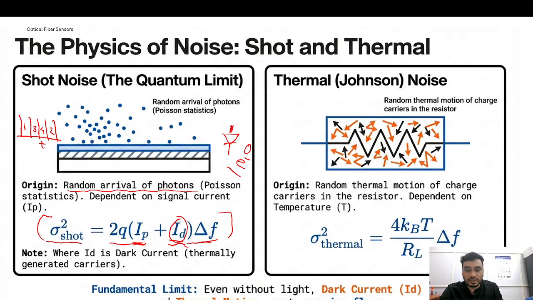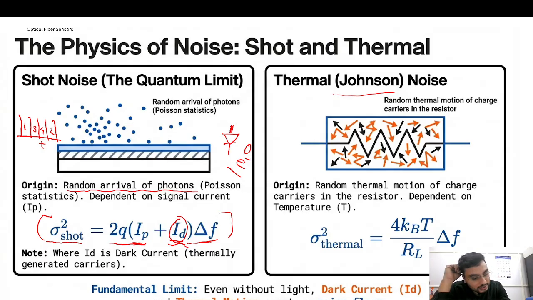Moving to the next, the thermal noise, also known as Johnson noise. It happens because of the random thermal motion of charge carriers in the resistor.